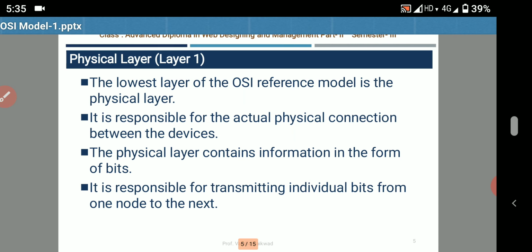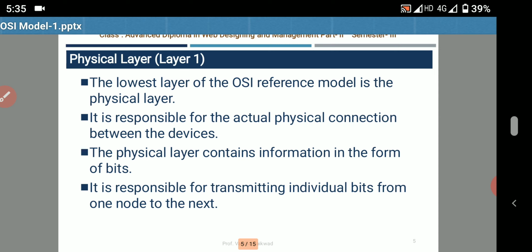So, physical layer. It is the lowest layer of the OSI reference model. It is responsible for the actual physical connection between the devices. So, devices are connected physically. That means they must be connected through cables.